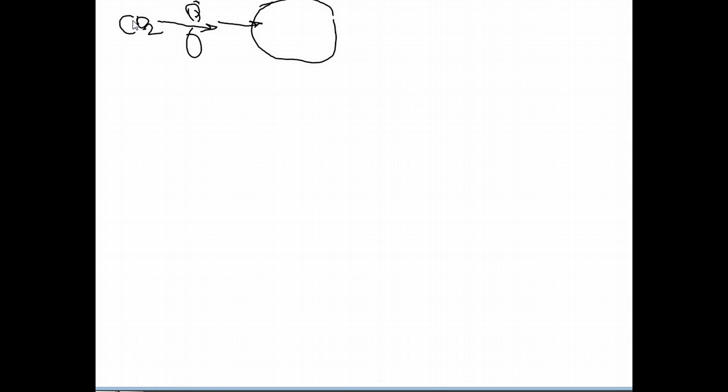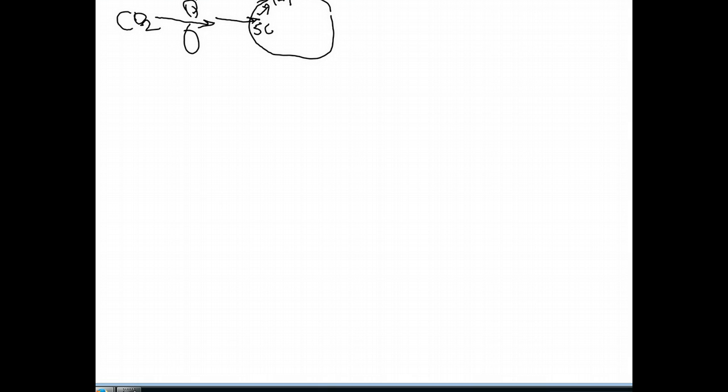And the first reaction, CO2 is combined with a 5-carbon compound to produce a triose phosphate. Hopefully you can make your drawing better than I can. I'm sorry, that's carboxylation. I'm getting ahead of myself.